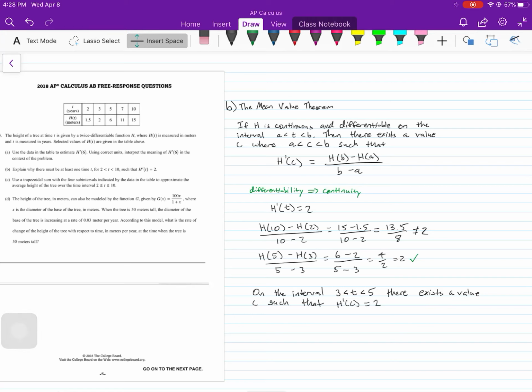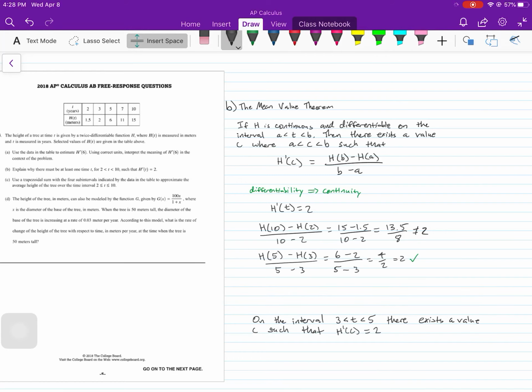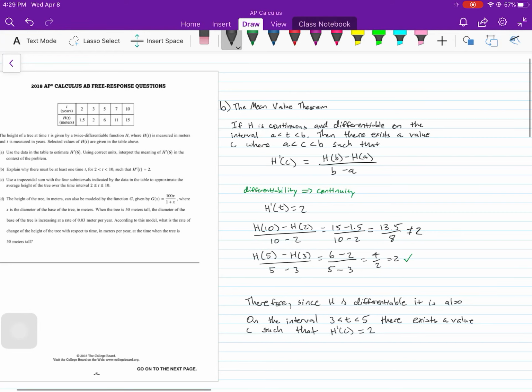I'll just go ahead and add that in there, might as well. So let me see, I'm going to say therefore, since h is differentiable, it is also continuous on the interval.